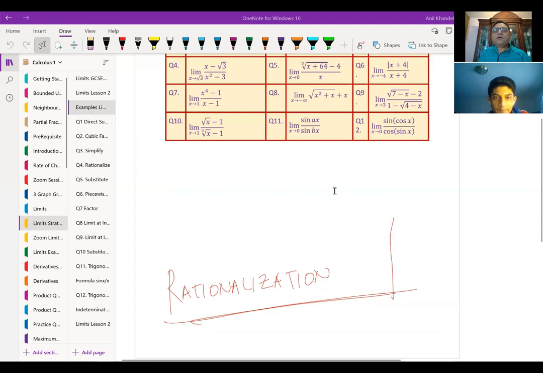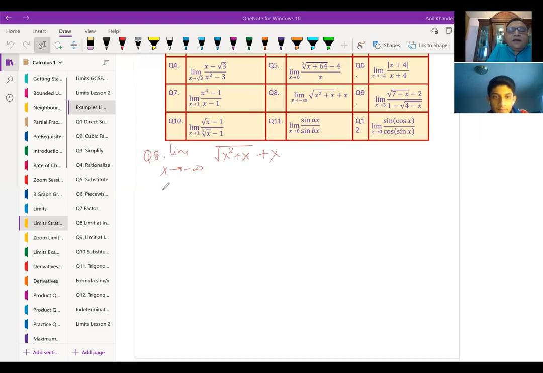As we decided, we should do rationalization. We know this is indeterminate because we have infinity minus infinity. So we'll do rationalization, which means multiplying by its conjugate, which is the square root of x squared plus x minus x, over the square root of x squared plus x minus x.